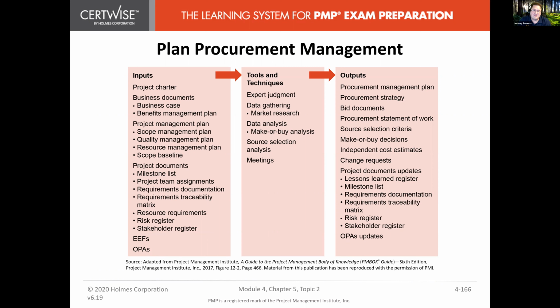Project documents, we're going to need the milestone list, project team assignments, requirements documentation, requirements traceability matrix, resource requirements, risk register, and stakeholder register. And our enterprise environmental factors, and our organizational process assets.